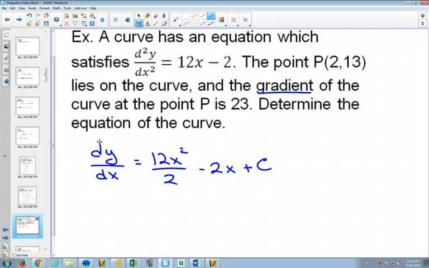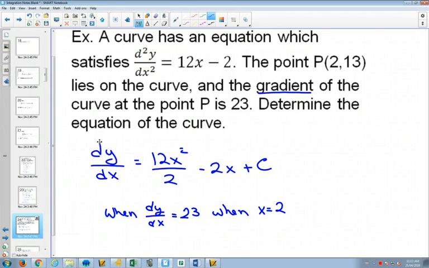So if we make a statement here, we know that dy/dx is equal to 23 when? Only at one specific point. And that point is right here at (2, 13). In other words, we know that that slope is 23 when x is 2.